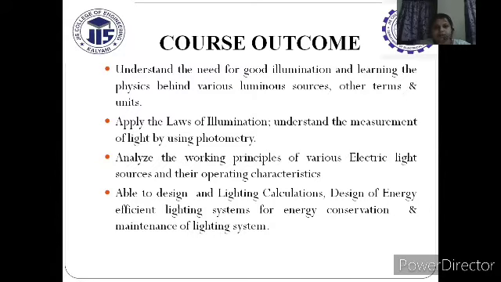All of us are very much interested in outcome-based learning.